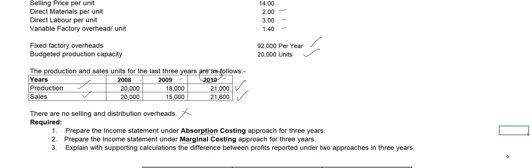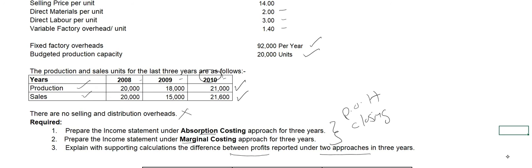Then explain with supporting calculation the difference between profit reported under the two approaches in 3 years. So you need to show the difference. There will be a difference between absorption costing profit and marginal costing profit because of the treatment we apply in calculating the production overhead cost and the closing stock.